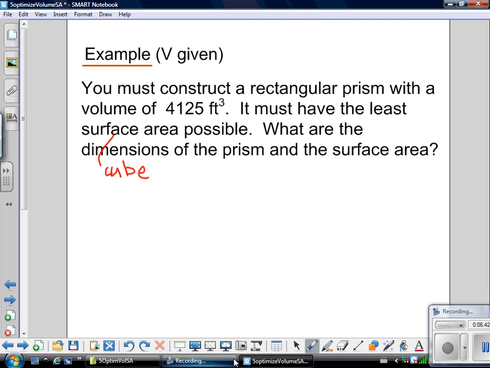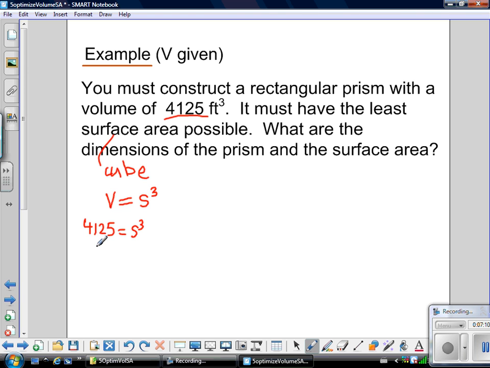Let's start again with our formulas. We know the volume formula was s cubed. The volume has been given, so we put that into our formula. Now we have to take the cube root, a number multiplied by itself 3 times to get this number.